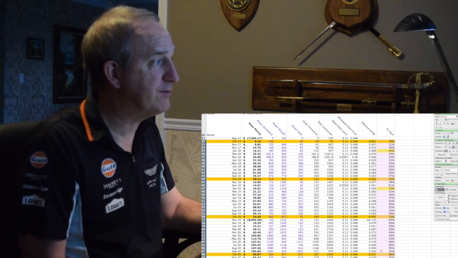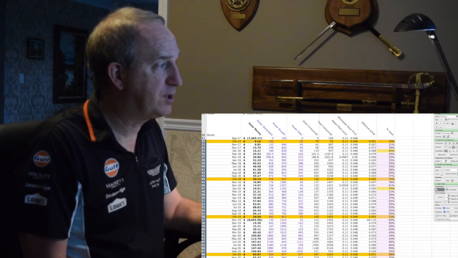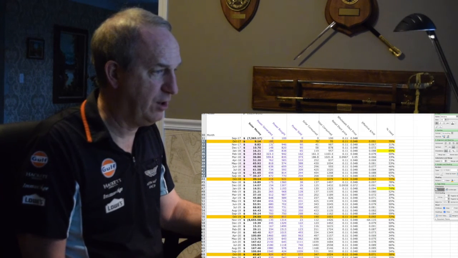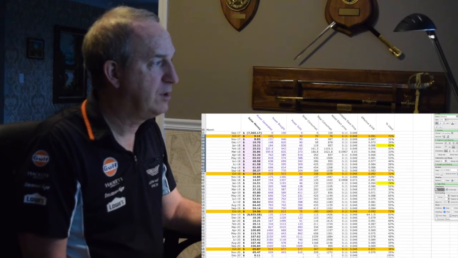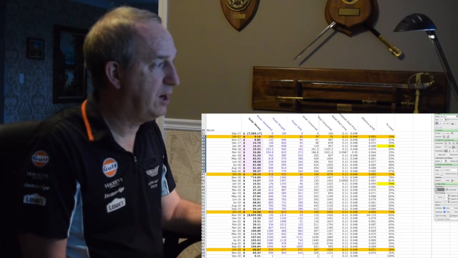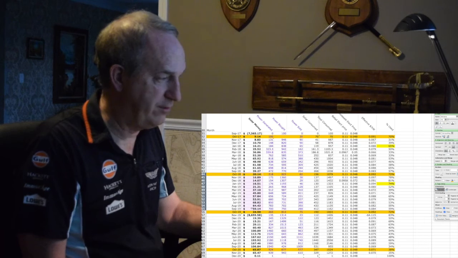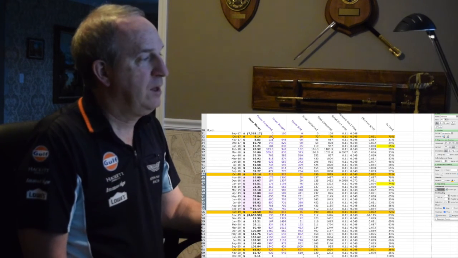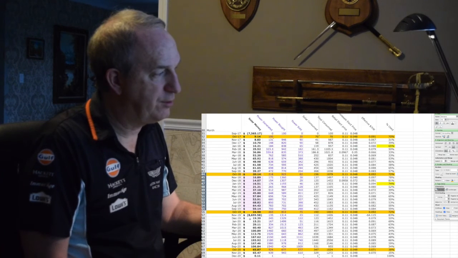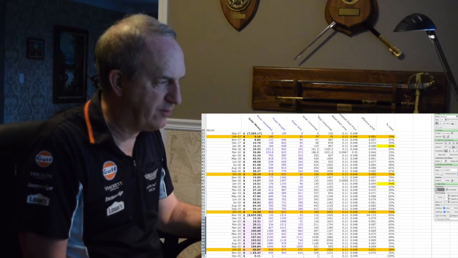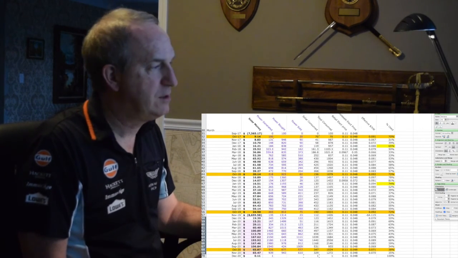So in the first year, I recovered about $450, and in the second year, I recovered about $450. And then in this third year, if I go here from December to November, I recovered $1,100.